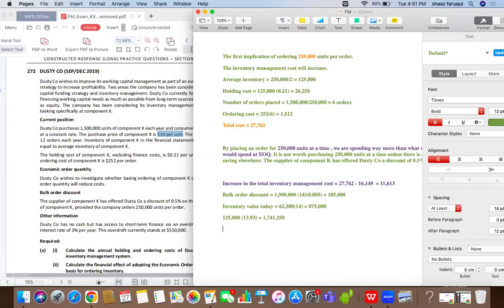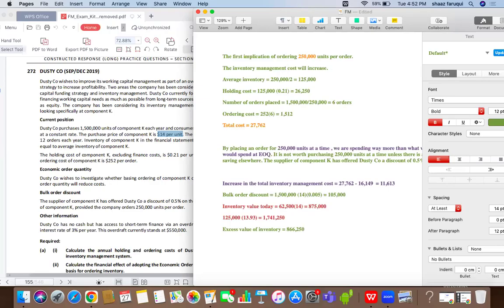Before you were holding only 875,000. But now you're holding 1,741,000. Anu, I'm going with your answer, okay? I've not done the calculation. 866,250. Meaning, because we are going with this bulk discount, we have extra inventory.